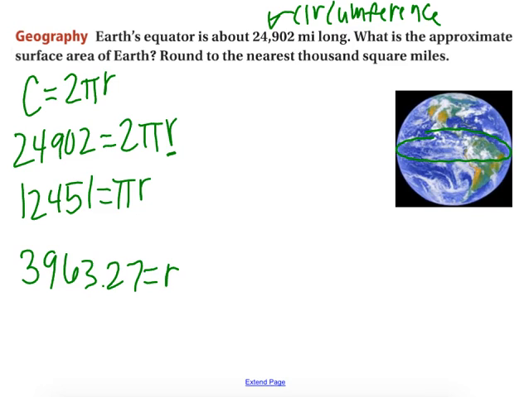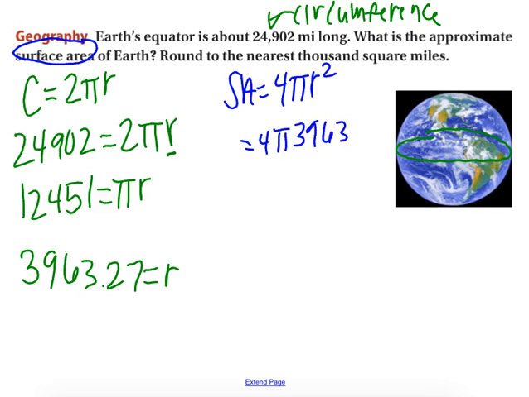Now the next part says, what's the surface area? That's what we're looking for. Remember, surface area equals 4 pi r squared. Plugging in, 4 pi times 3,963, we'll round to 63, squared. Now squaring that, we're going to get a really large number here: 15,705,369.